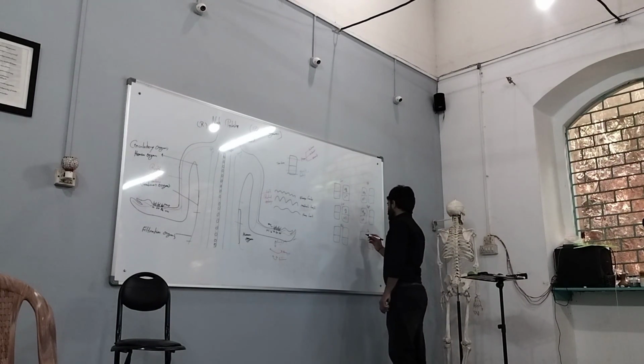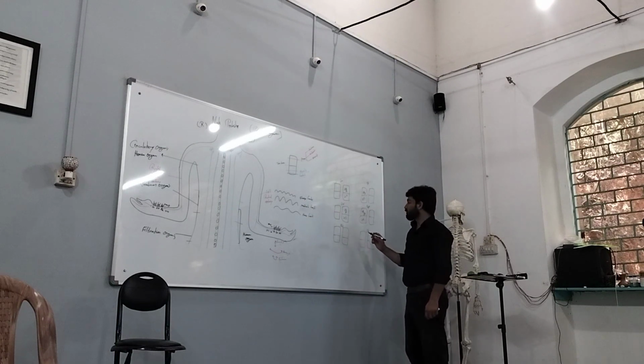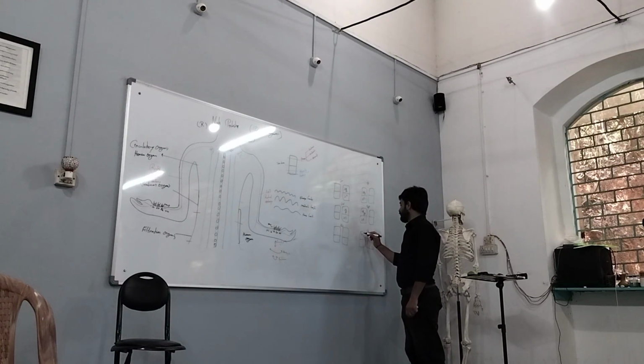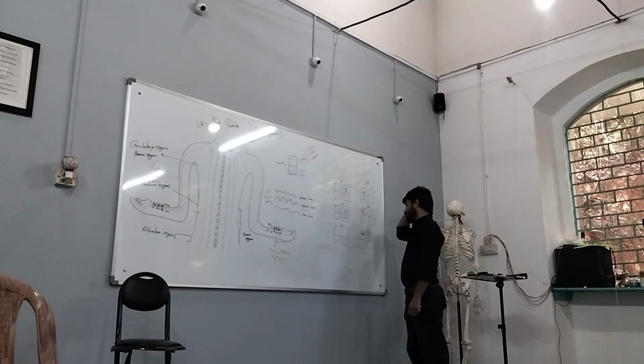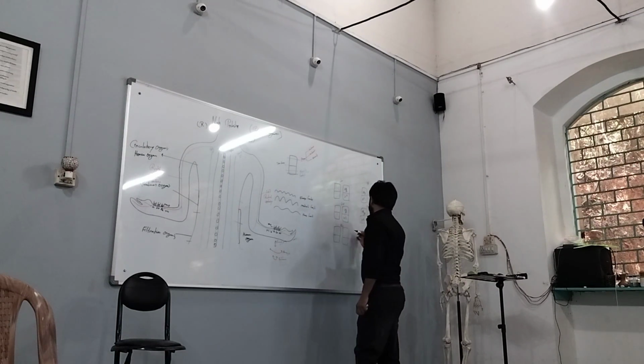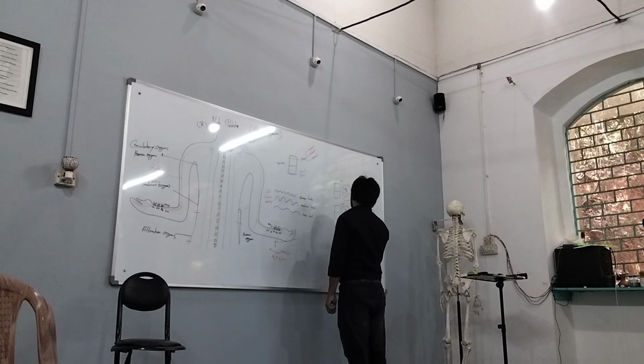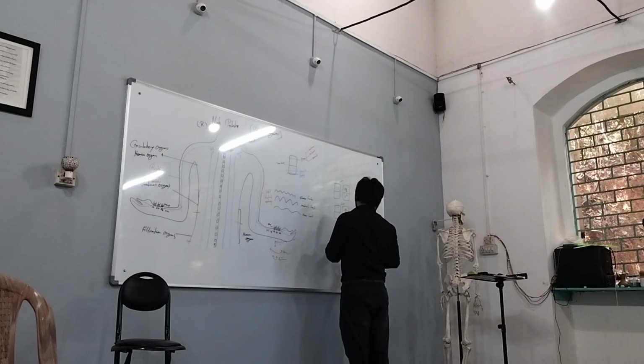Spleen: UB20 and spleen 6. Then UB23 and kidney 3 for the left side. UB23 and kidney 3, K3, for the right kidney.